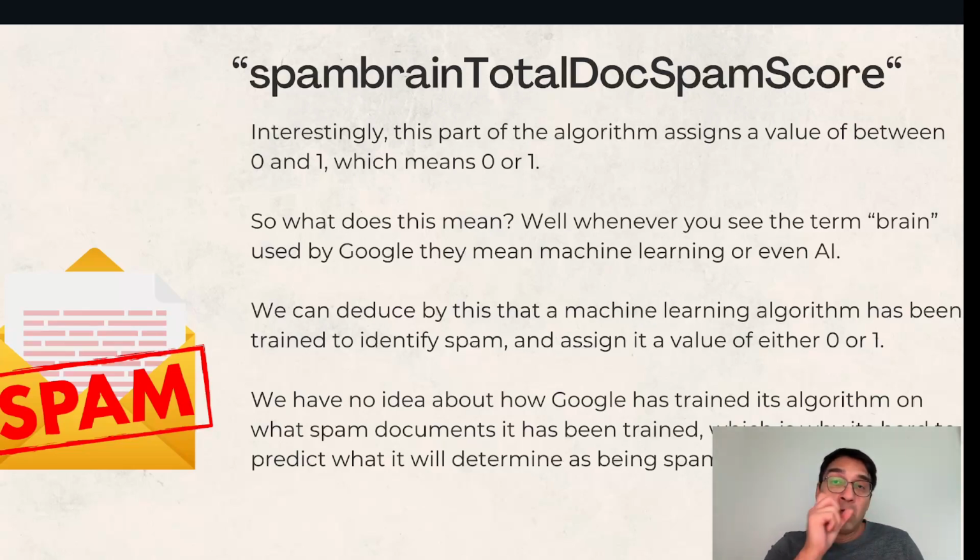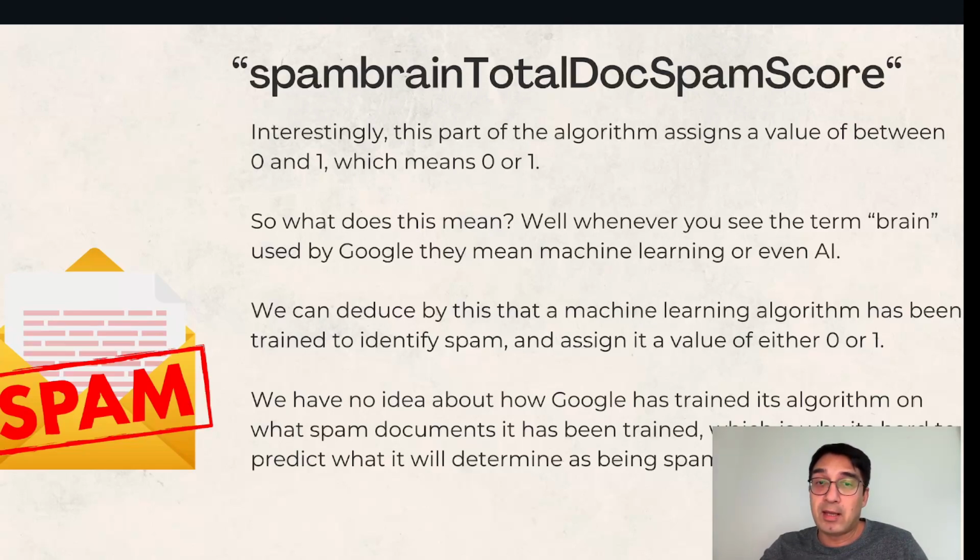When Google mentions the term brain, it usually means AI. In this case, Google has trained its machine learning algorithm, or AI if you'd like to call it that, but it's probably not an LLM, on a database of spammy content.